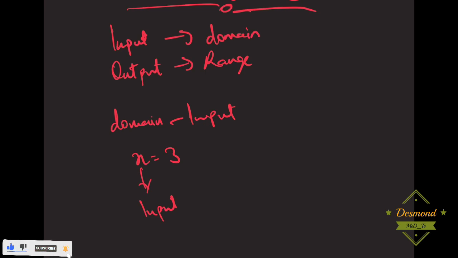The rule is saying that we should square the input. So how do we get the output? We are going to square the 3 to get 9. The 9 right here is the output, which is the range that I was talking about.